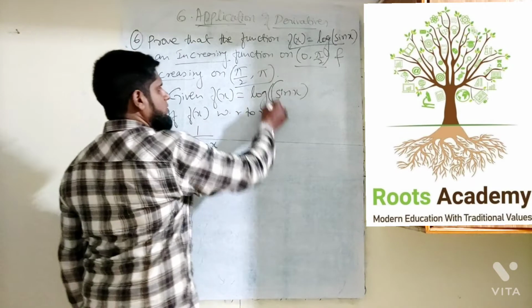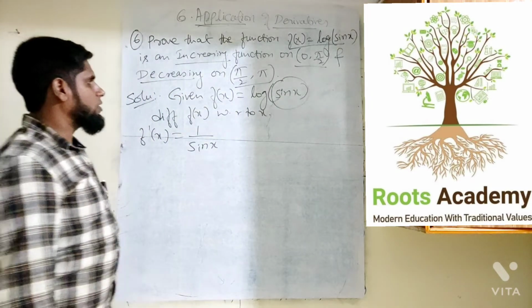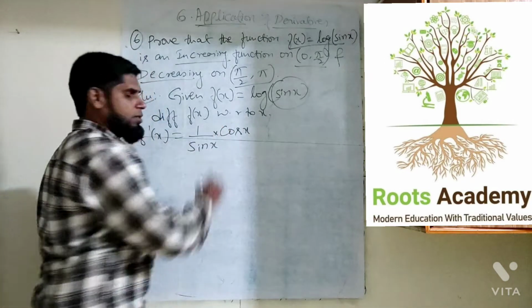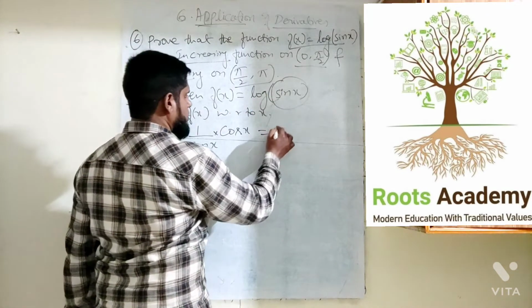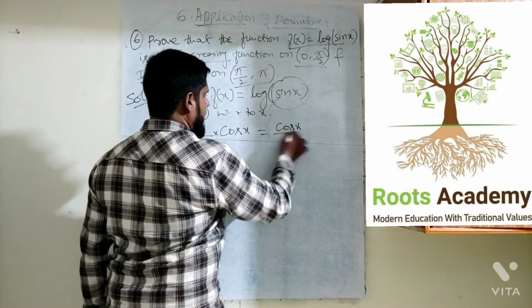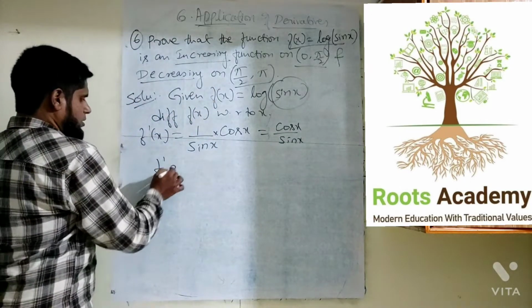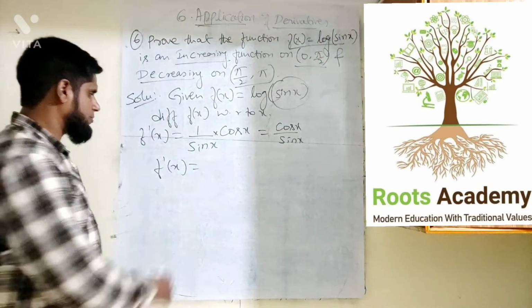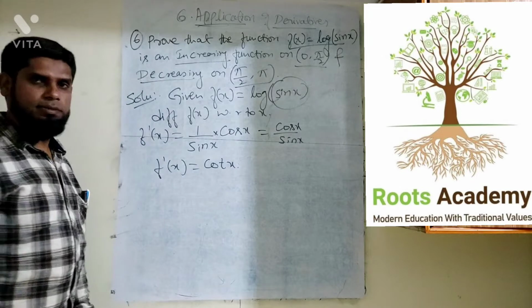Next, this sine function is also differentiated. What's the derivative of sine? It is cos x. So finally, the derivative of log of sin x is cos x by sin x. And we know that cos x by sin x is cot x.